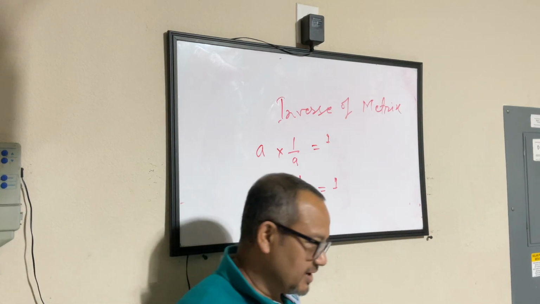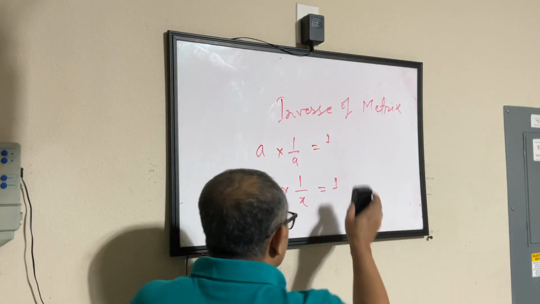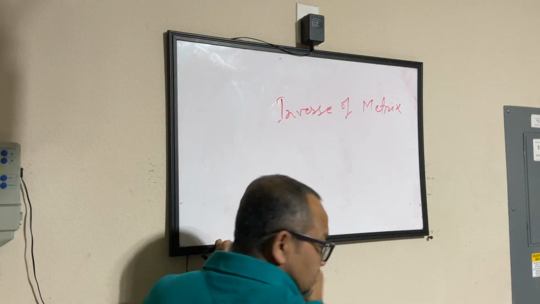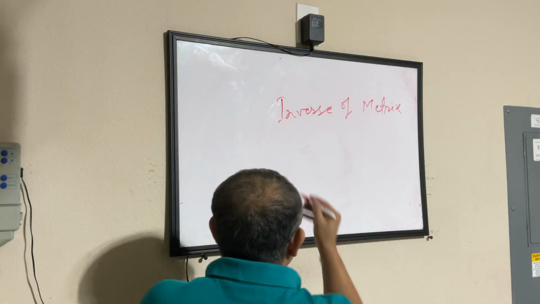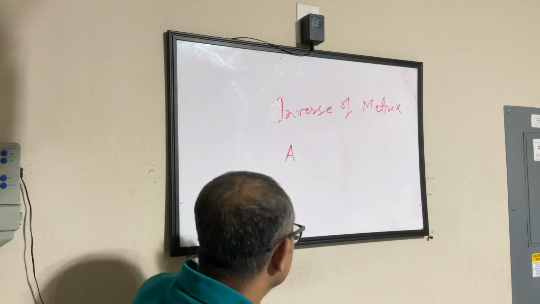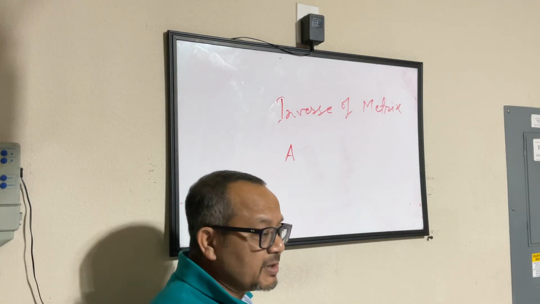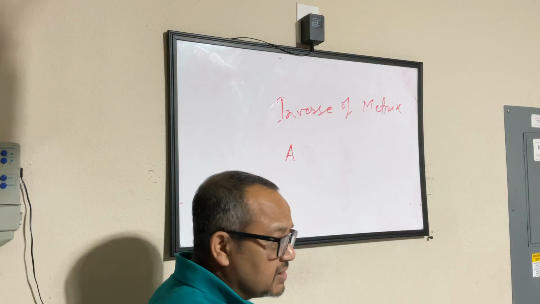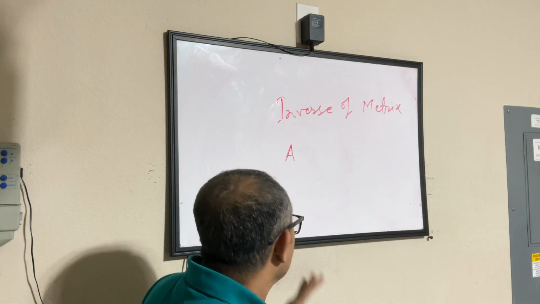Yes, sir. Okay. So, in matrix terms, what it means is this. If I have, let's say, a matrix A, and I'm not talking about the dimension right now, I'm just saying a matrix. It could be a 1 by 1 matrix, 2 by 2 matrix, 4 by 4 matrix, 3 by 9 matrix, doesn't matter.